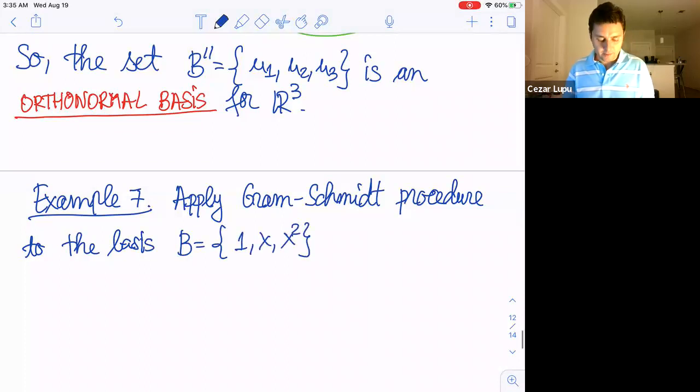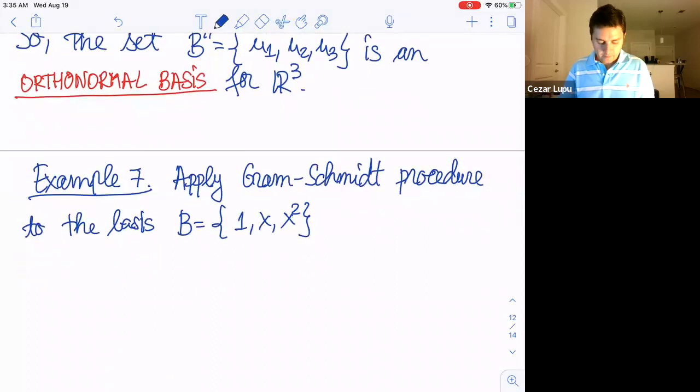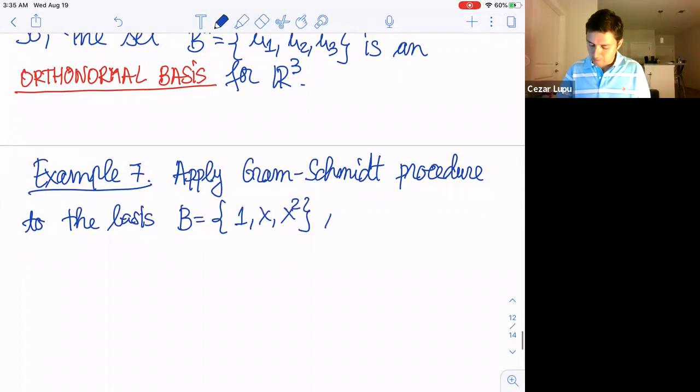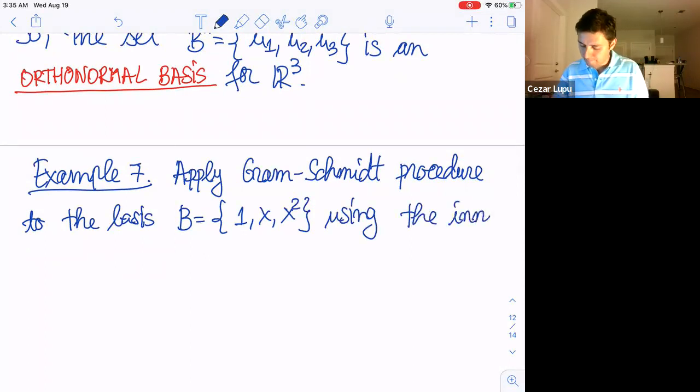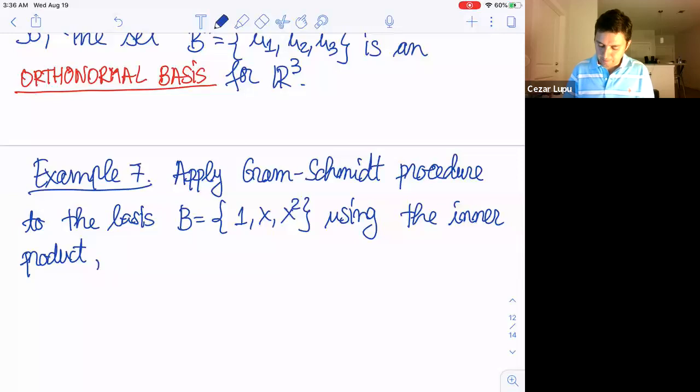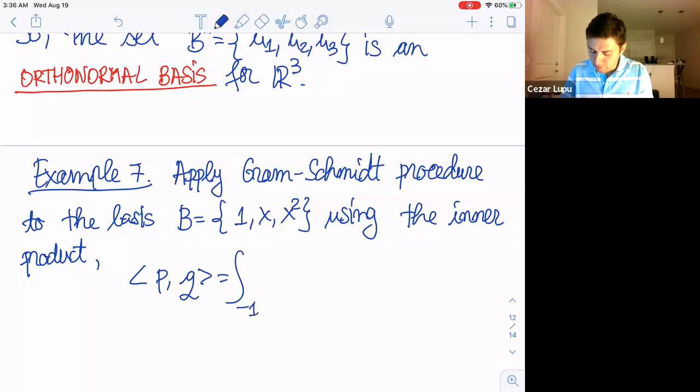In fact, these are polynomials, basically monomials, using the inner product, let's say, of P and Q, this will be the integral from -1 to 1 of P of x times Q of x dx.